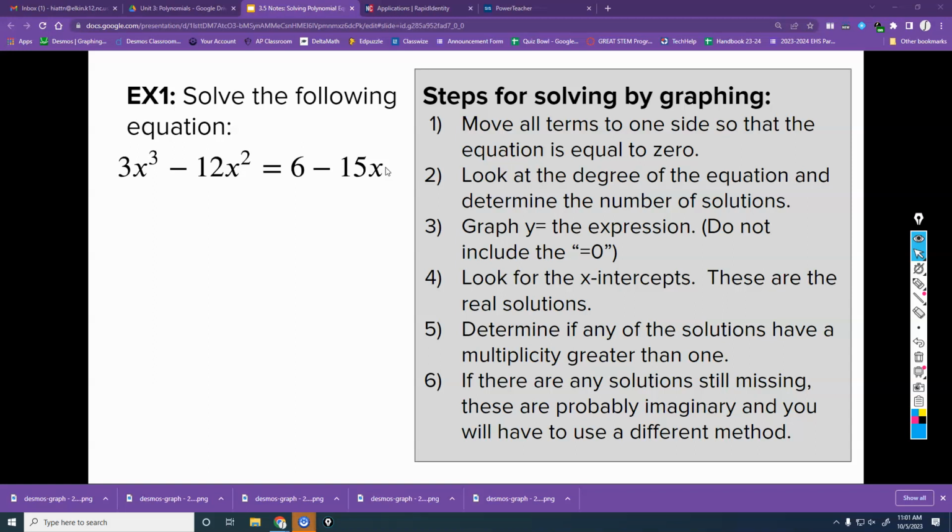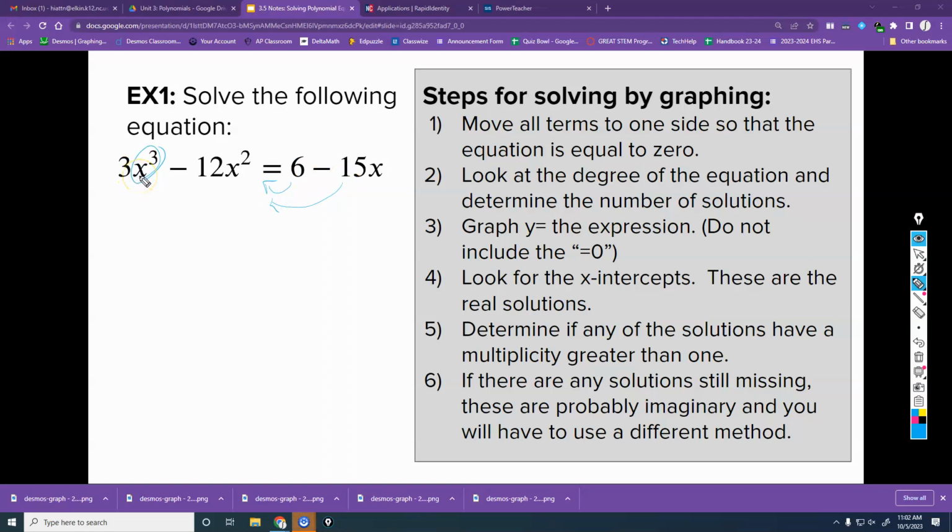The first thing we want to do every time is just move everything to one side of the equation. I would suggest moving it to the side that will make the highest exponent positive. So like right here, you could do it either way, but I would move everything over here so that highest exponent will still be positive.